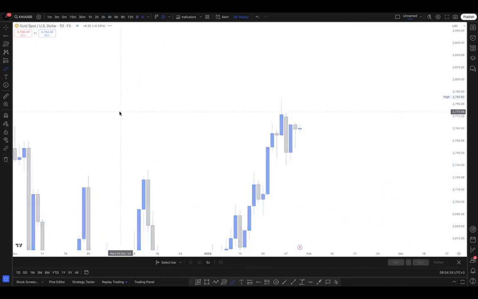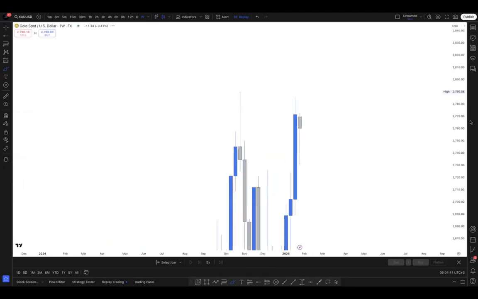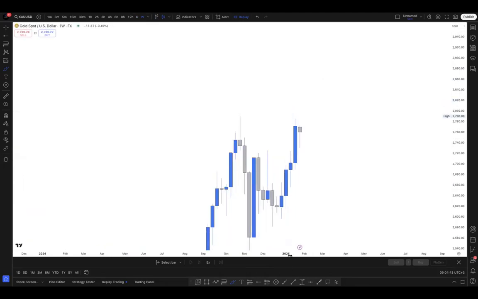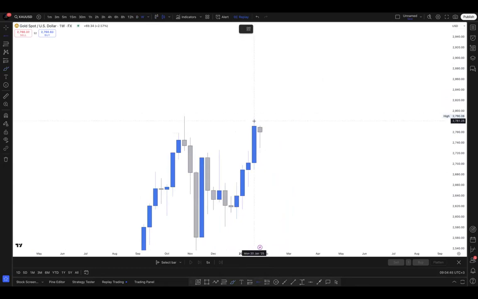When you go back to the weekly, this previous weekly candle closed bullish.